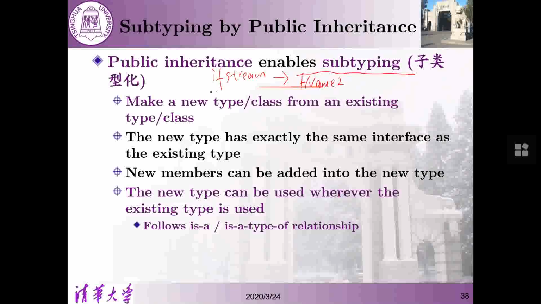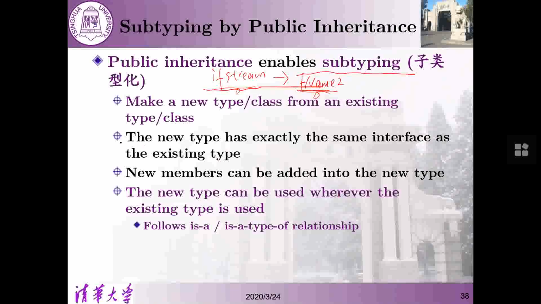Even if we do not know how ifstream is defined in the standard library, we can do public inheritance from this ifstream. And by public inheritance, we are sure that this derived class has all the interfaces of ifstream. Okay, so this is a very interesting example and very useful, I think.